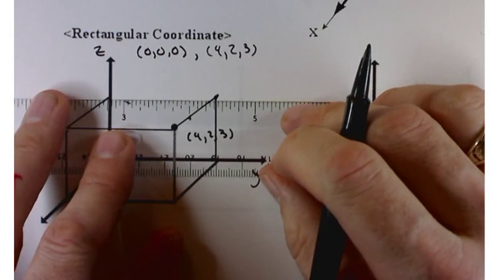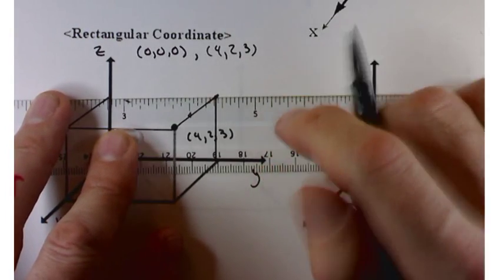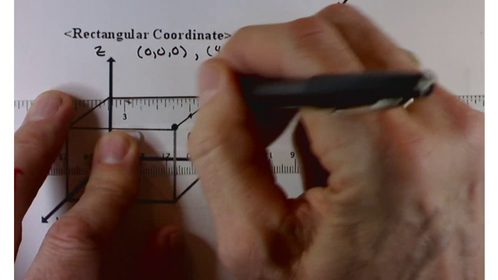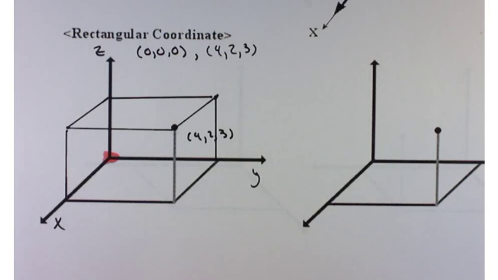And last but not least, this side. There's our box. Our goal now is to try and label the rest of these sides. I'll give you another minute to try and catch up on copying down that box.